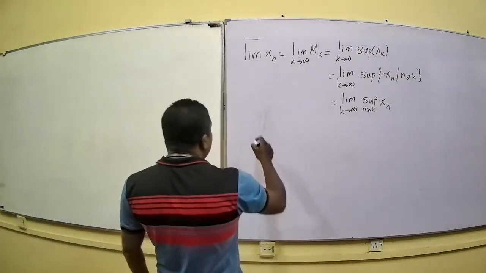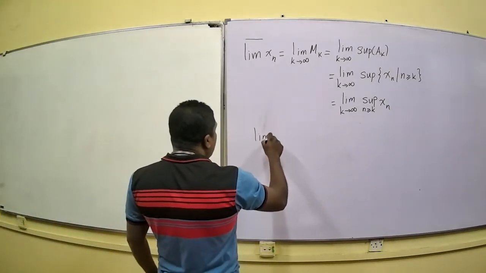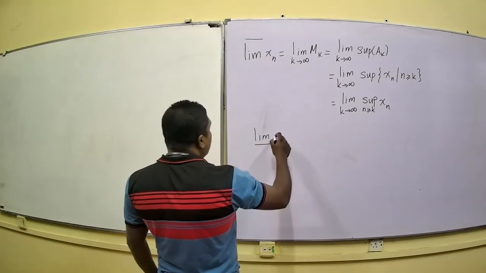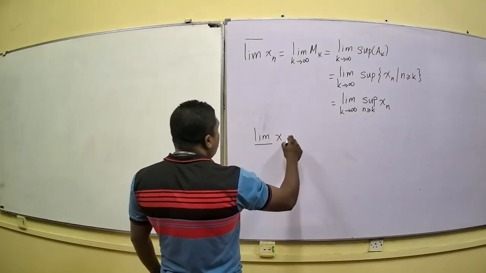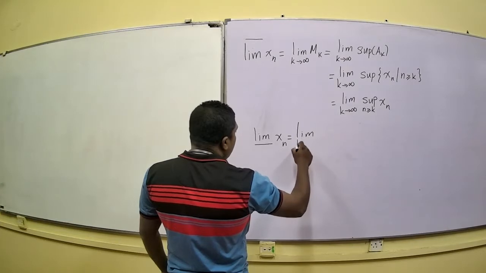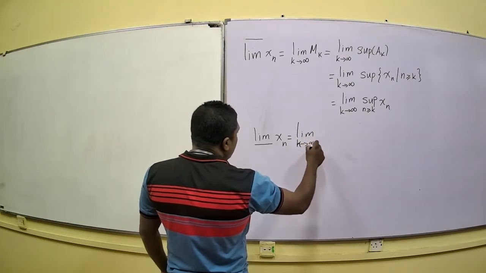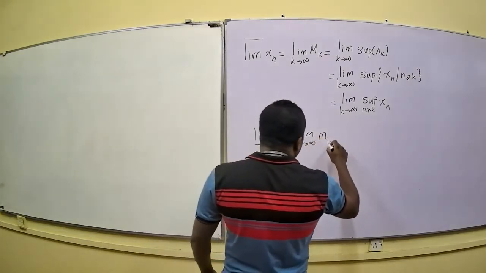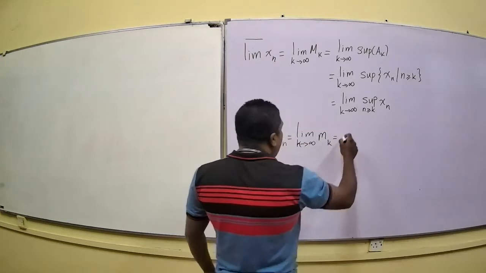And similarly, we define the lower limit lim inf as the limit of the infimums of the set ak.